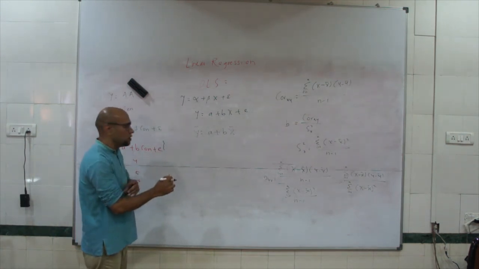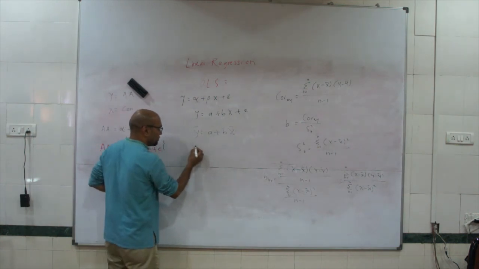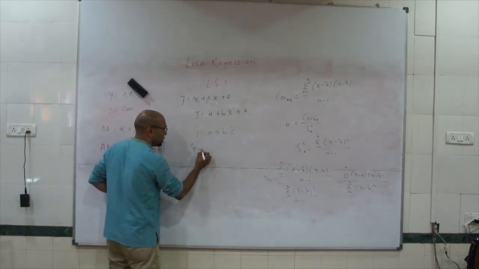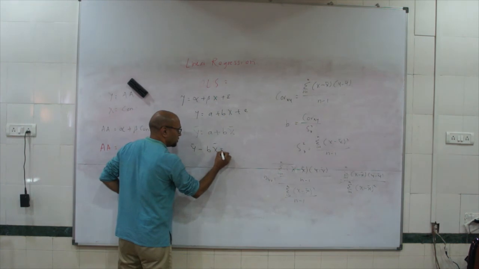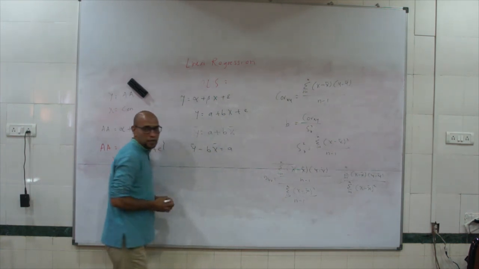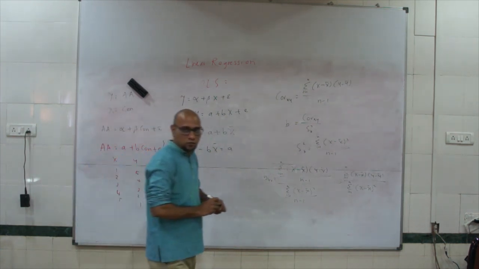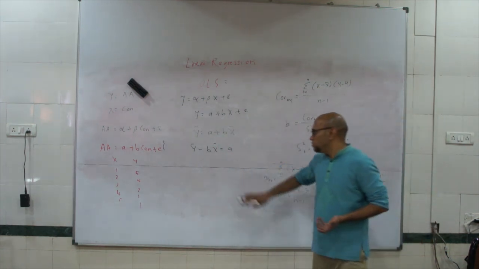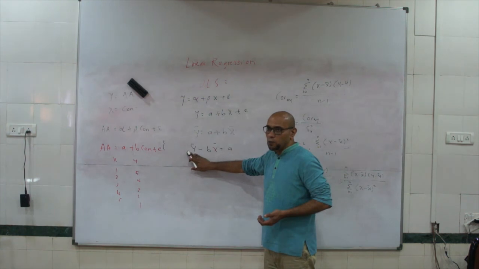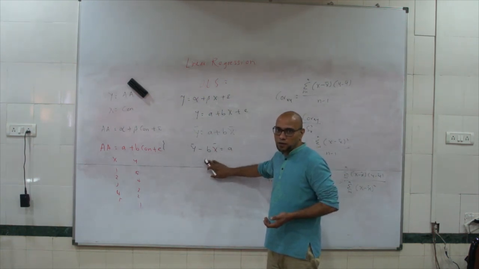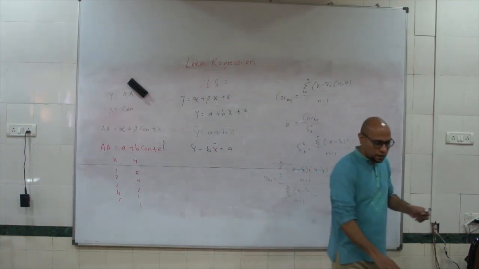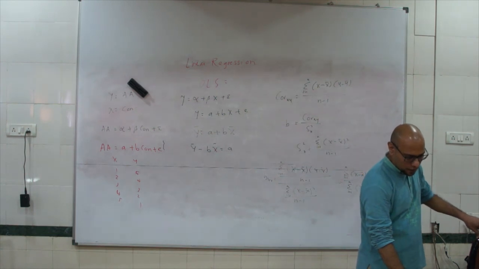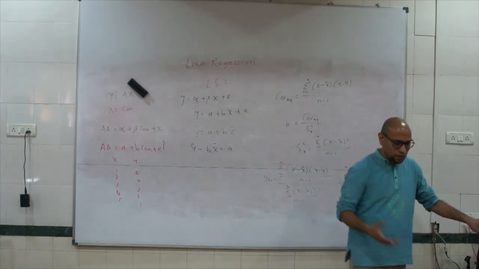The computation of a is very straightforward: a is equal to y bar minus b x bar. Once I compute a and b, my regression equation is set.